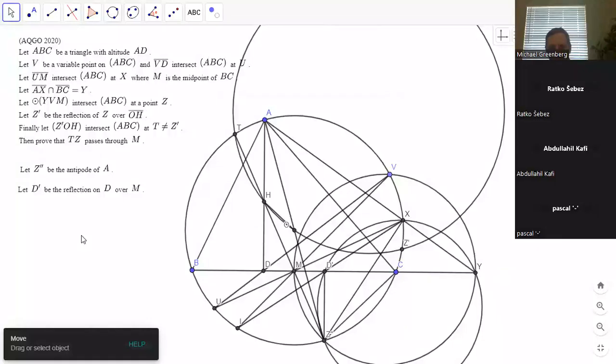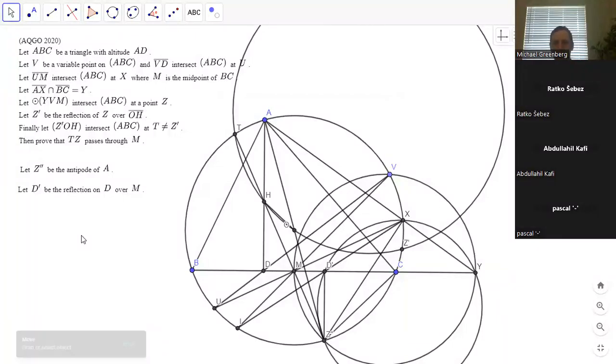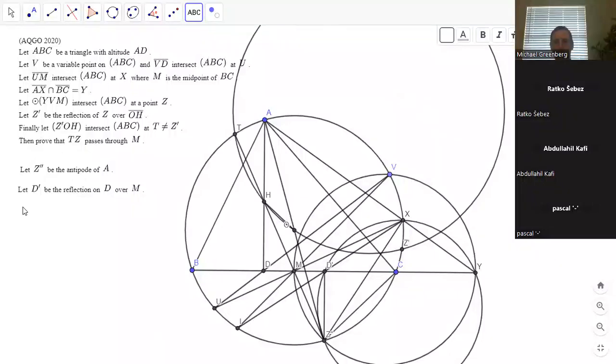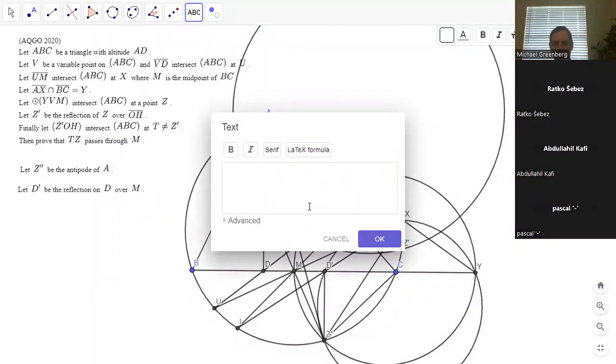And then Z double prime D prime is perpendicular to DC by symmetry. I think that's easy enough to understand.